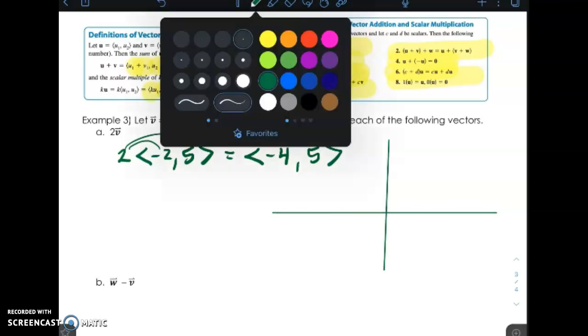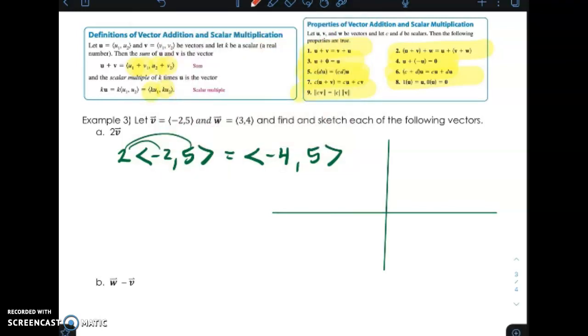If we take the initial vector, let's sketch that. With the vector component, we can just assume that it's starting from 0. So starting from 0, we're going -2 in the x direction and +5 in the y direction.